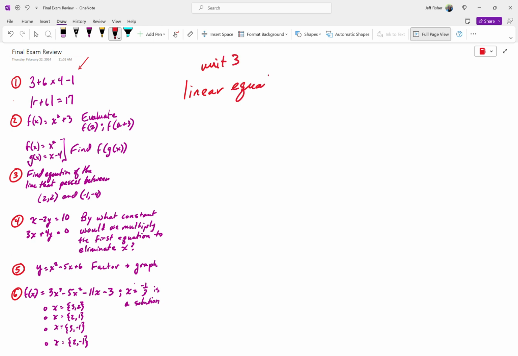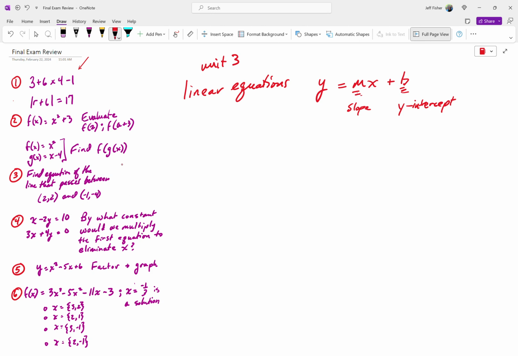Linear equations, okay, which take the form y equals mx plus b, where m is our slope and b is our y-intercept, okay? It's where we cross the y-axis.